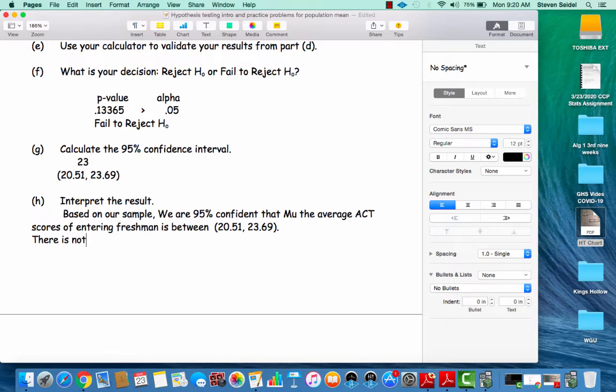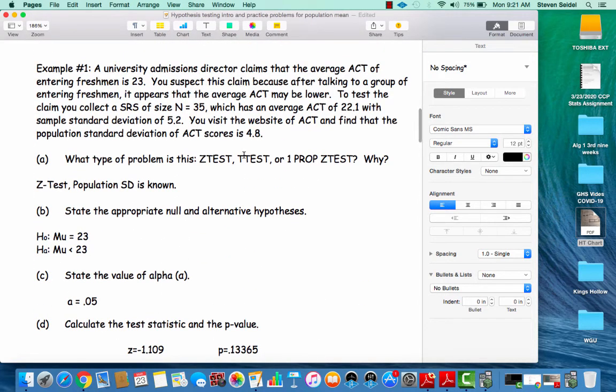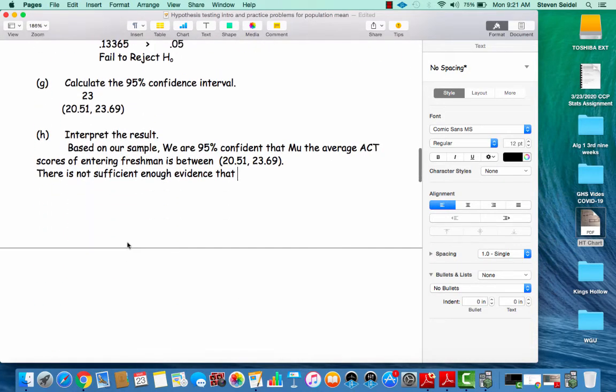There is not sufficient enough evidence that, think about what we're getting ready to say here, state the null, that the director's claim is different from our observed sample mean.